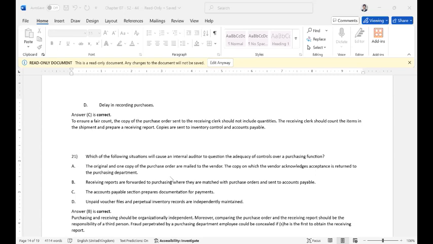The receiving people will check the number of goods received against the purchase order. PO to invoice checking might be done there, packing checking is done there, and then the receiving report will be prepared. Once prepared, if everything is in order, it should be forwarded not to purchasing but to accounts payable.